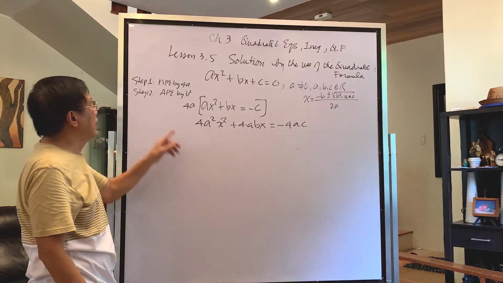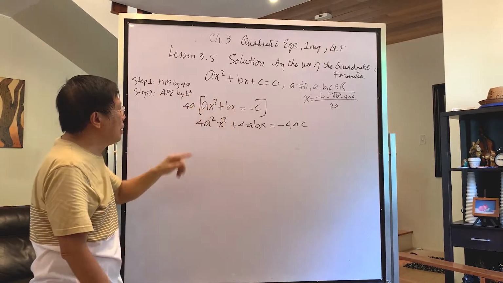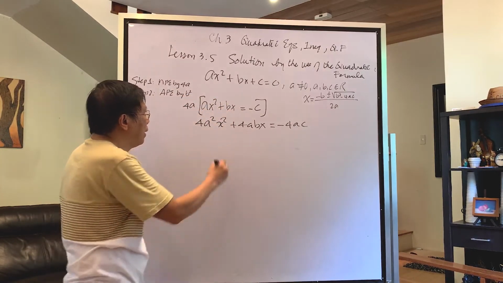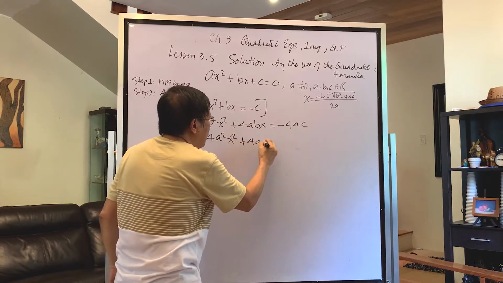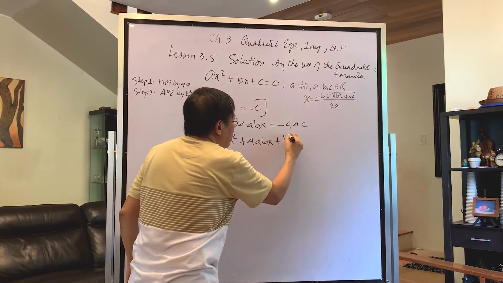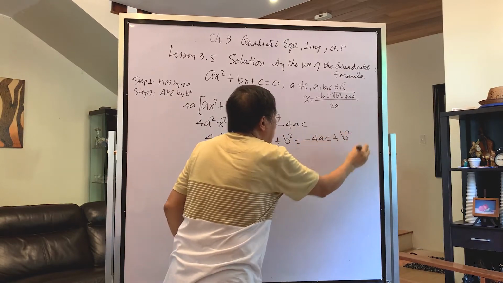And then, the addition property of equality by the value of b squared. So we get 4a squared x squared plus 4abx plus b squared equals b squared minus 4ac.